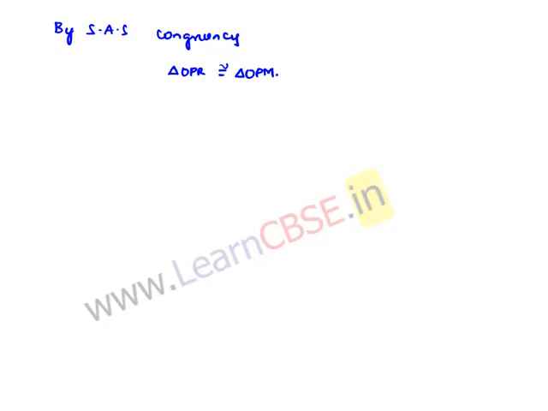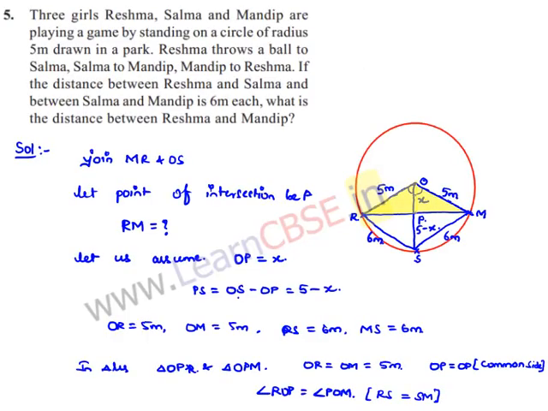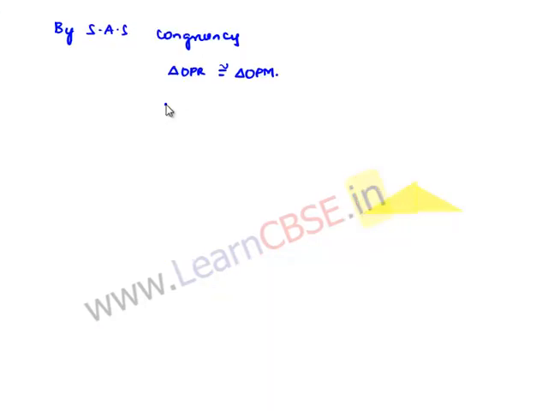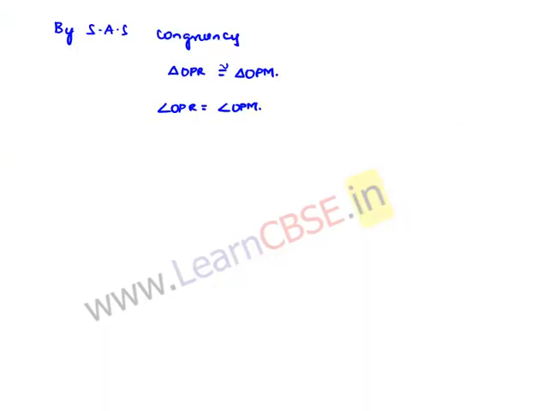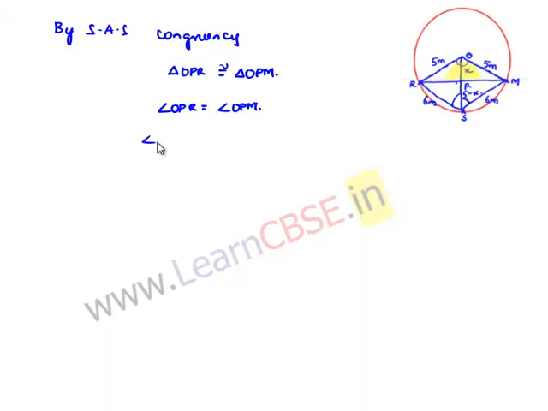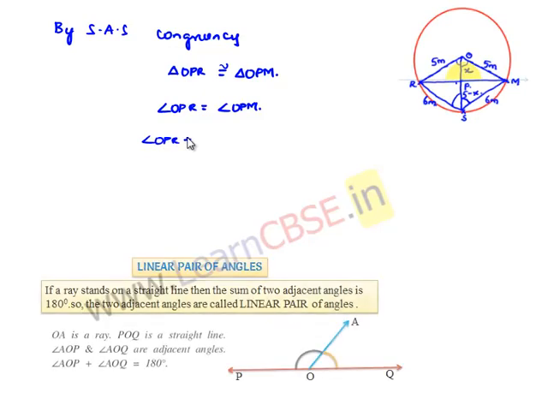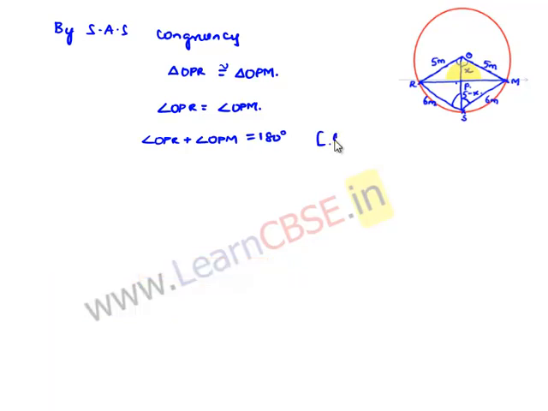When two triangles are congruent, their corresponding angles and corresponding sides are equal. Therefore angle OPR is equal to angle OPM. But if we observe the figure clearly, angle OPR and angle OPM form a linear pair, so the sum of angles forming a linear pair is 180 degrees. Angle OPR plus angle OPM is equal to 180 degrees.